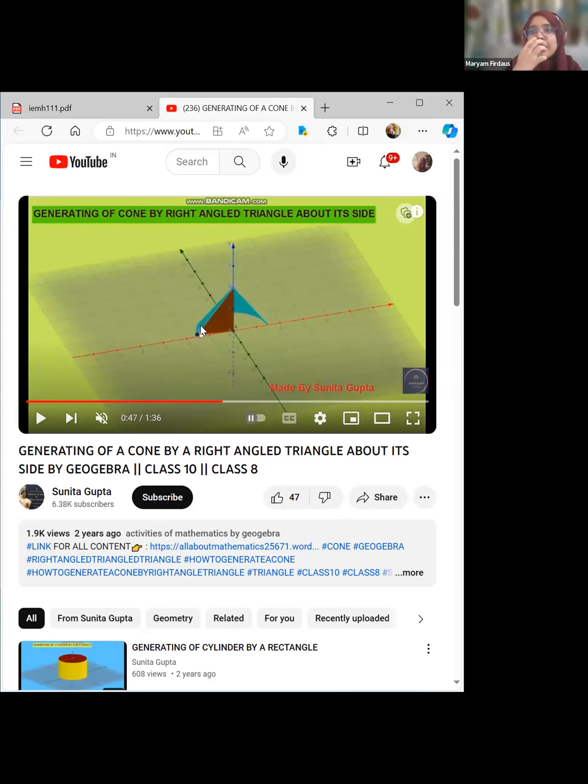Just like when you have a line segment, you fix it at one point, and at the other point, you start revolving it about the fixed point. Then what does it become? Cone? No. Listen to my question again. Imagine a line segment.